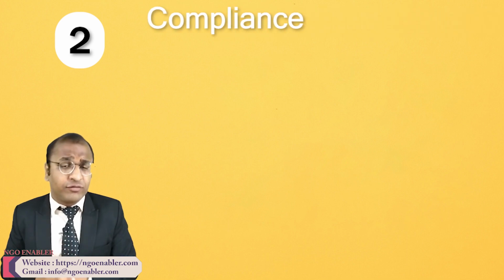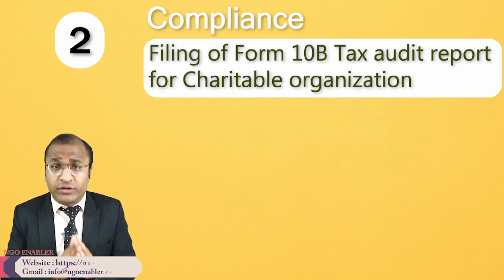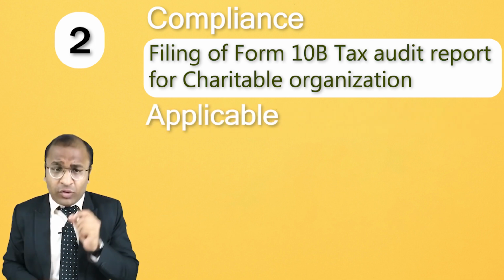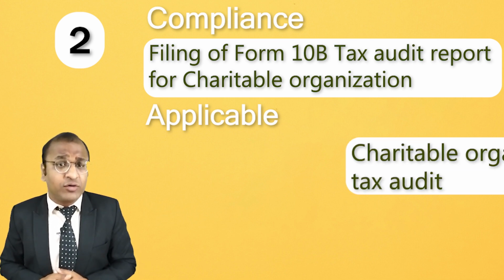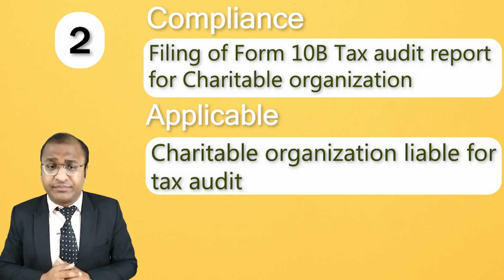Next is filing of Form 10B, that is the tax audit report for charitable organizations. If you want to know when the audit is compulsory for charitable organizations, you can check out our video by clicking the I button on the screen.